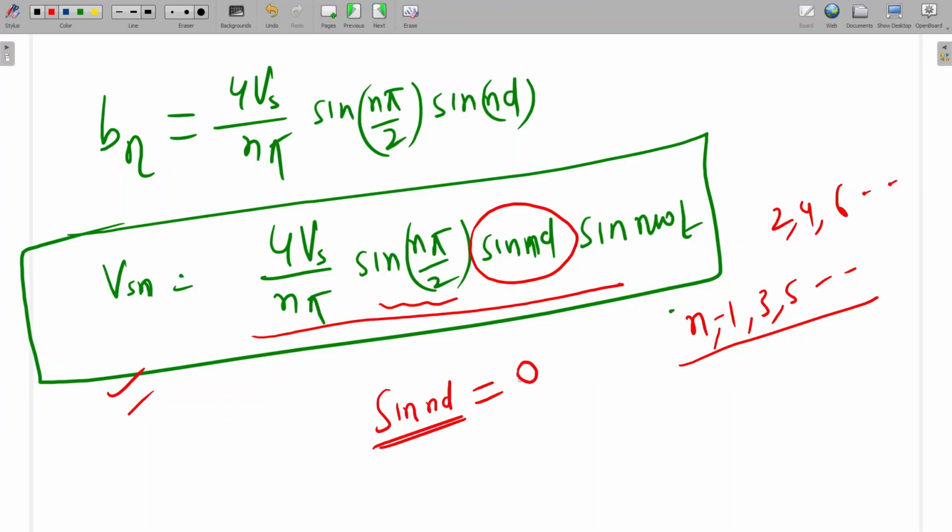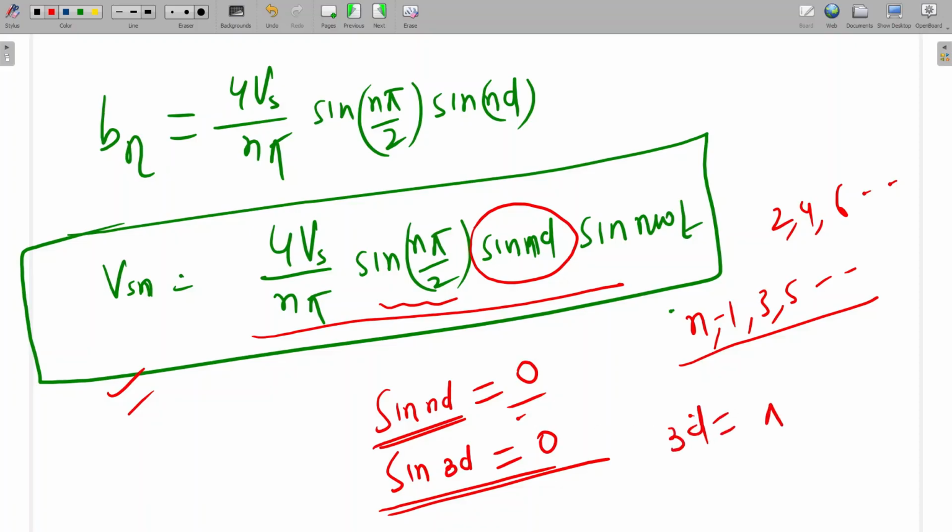If this factor will be 0, let's say the third harmonic I want to eliminate. So sin 3d should be equal to 0. So what is this value? 3d should be equal to pi, or 2 pi, or 4 pi. Sin pi is how much? 0 only. Yes, sir, sin pi is 0.